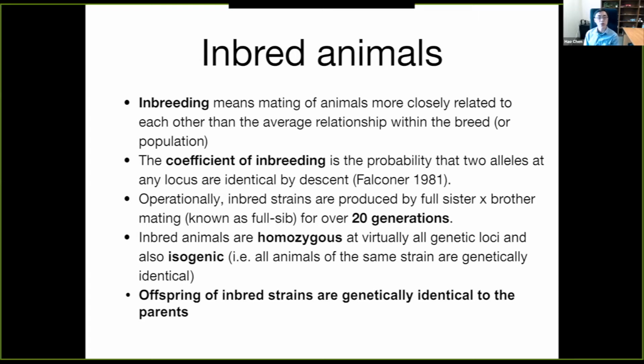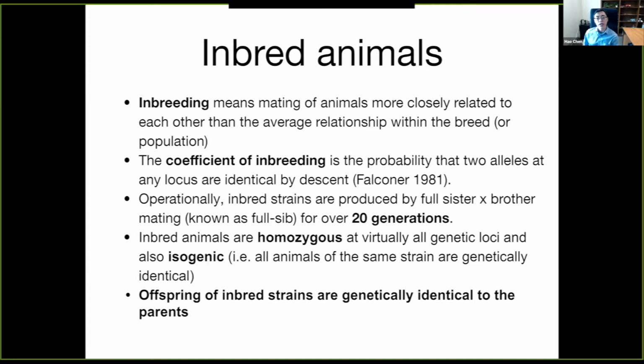Within an inbreeding paradigm, you want to pair two animals that are genetically very similar to each other. The opposite is in an outbreeding paradigm, where you want to pair animals that are different or unrelated to each other. There is a coefficient of inbreeding you can calculate. That is the probability that two alleles at any locus are identical by descent.